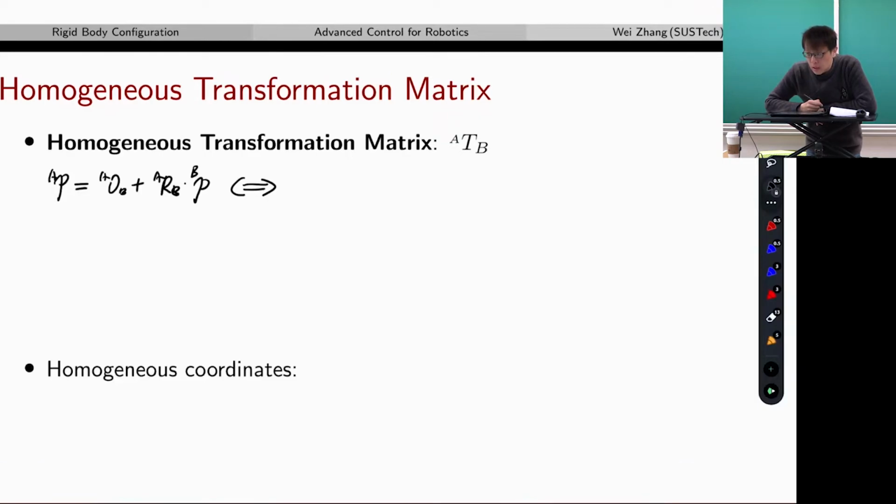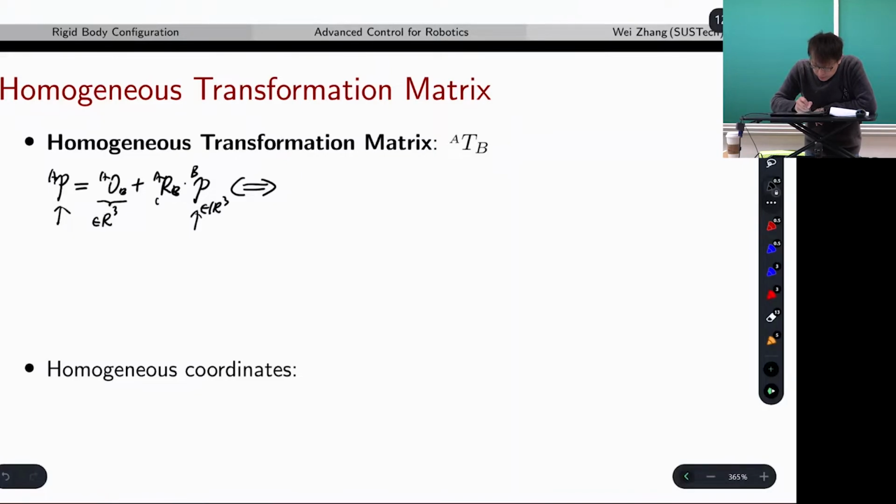More precisely speaking, this is not really a linear relation. If we see this variable, this is a vector in R3, these two are related by a matrix times this plus a vector. This one is in R3, this guy in R3, this is a 3 by 3 matrix. So these two, PB and PA, are related by a so-called affine relation.